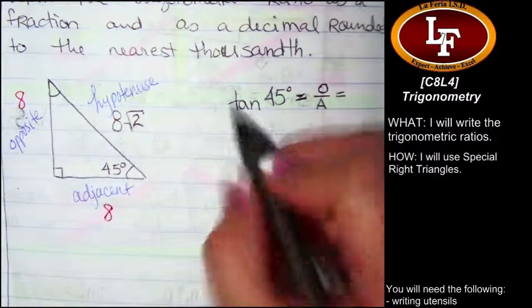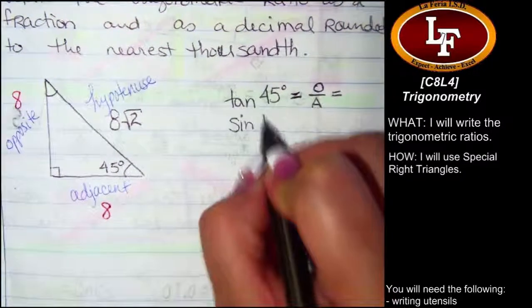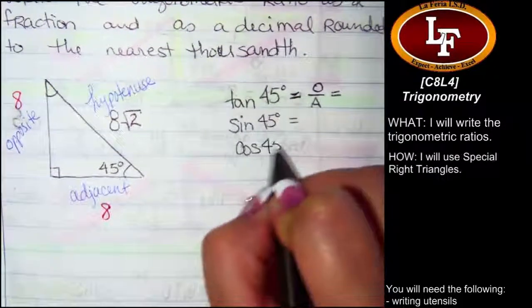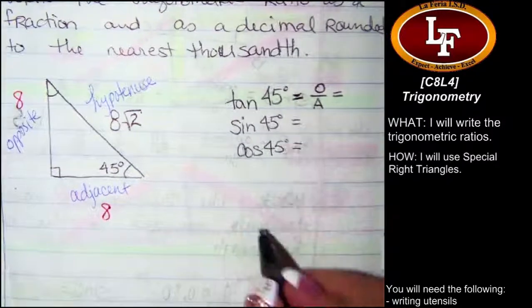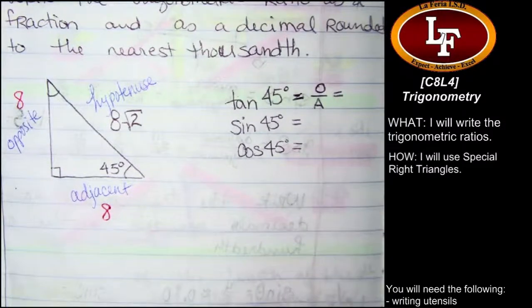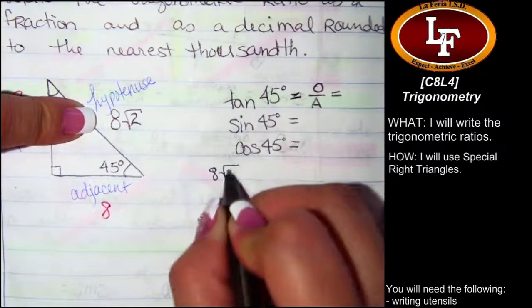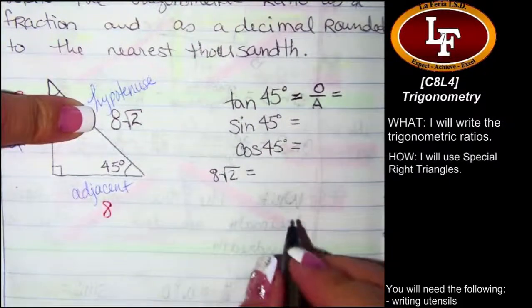If you don't need to see it and you're feeling comfortable about where that's coming from, go ahead and get ahead of me for a little bit and find the sine and cosine of 45 degrees while I run the algebra for those who want to see it. Okay. So the hypotenuse was given to me as this value, 8 times the square root of 2.